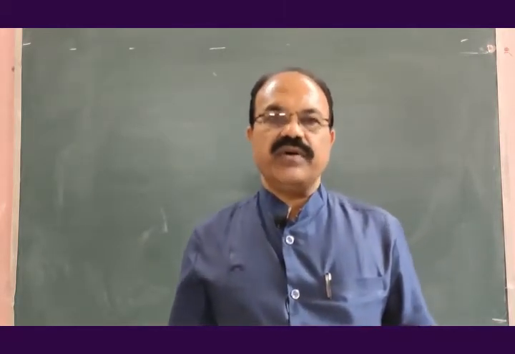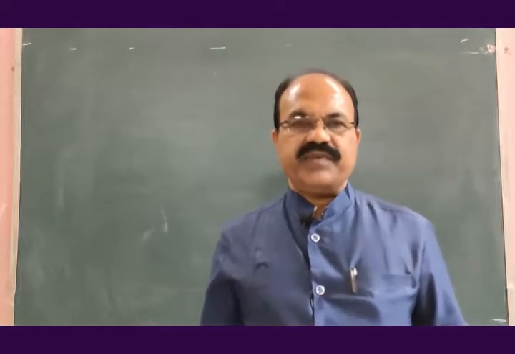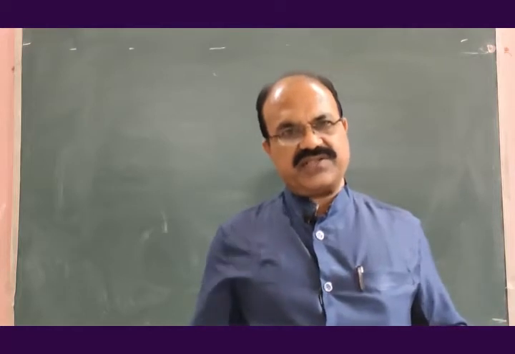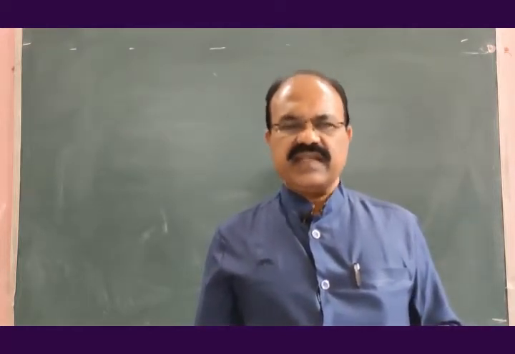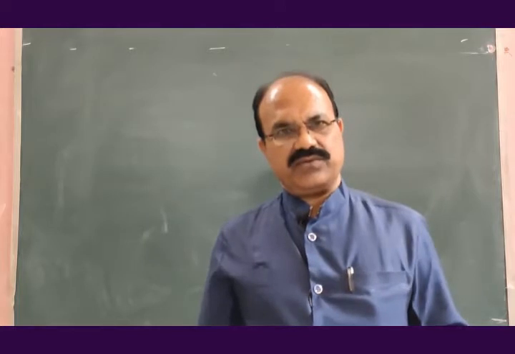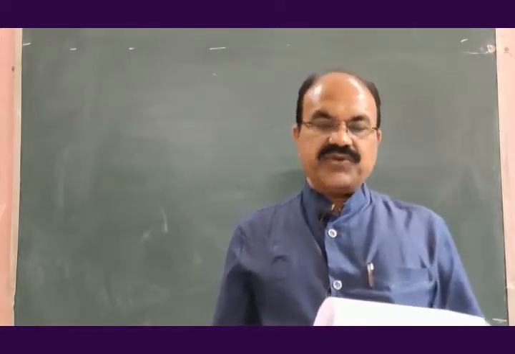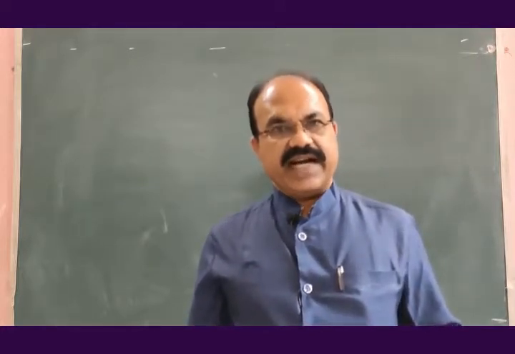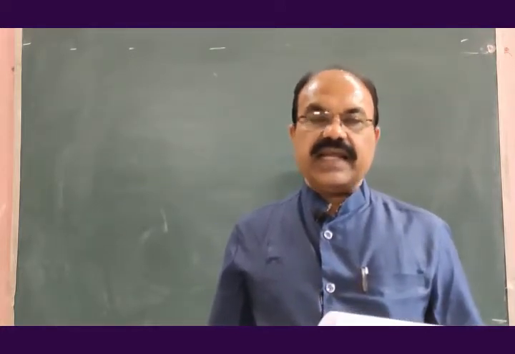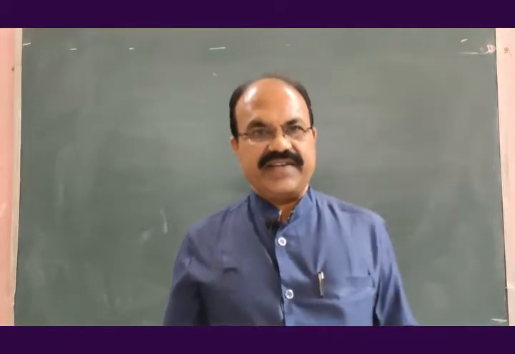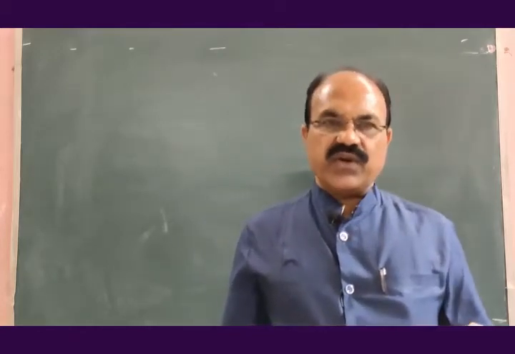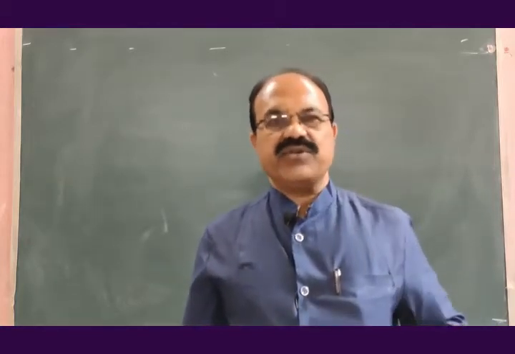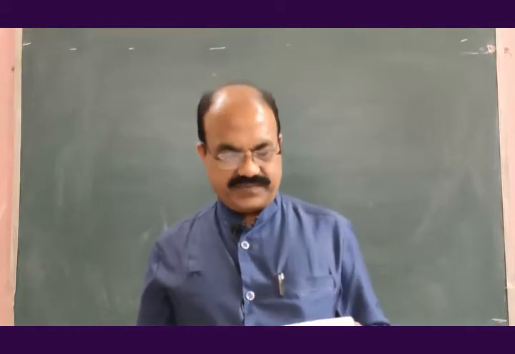After that, we shall go for study of the simple PN junction diode, which is just a rectifier diode, and IV characteristics of this diode. Then we shall go for study of Zener diode and its IV characteristics, light emitting diode, its IV characteristics, photodiode, its IV characteristics, varactor diode and its IV characteristics.